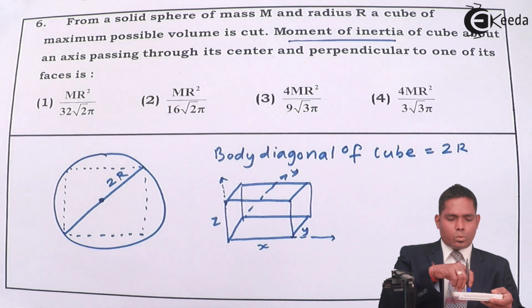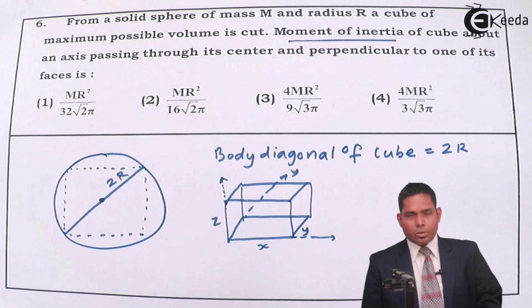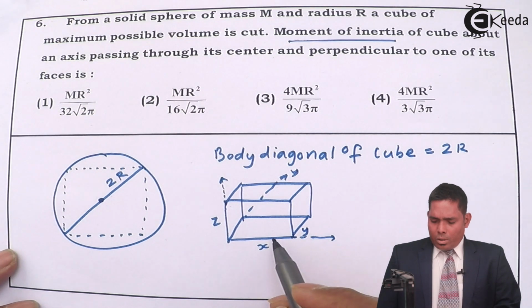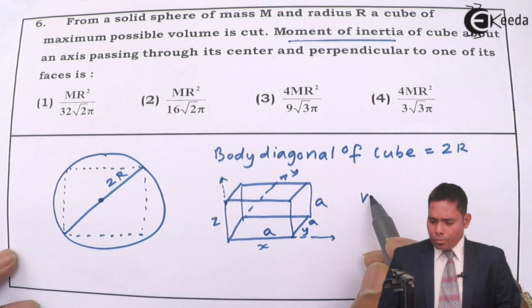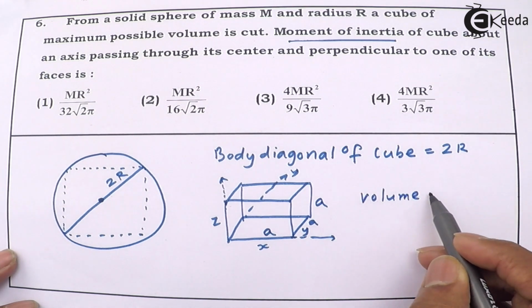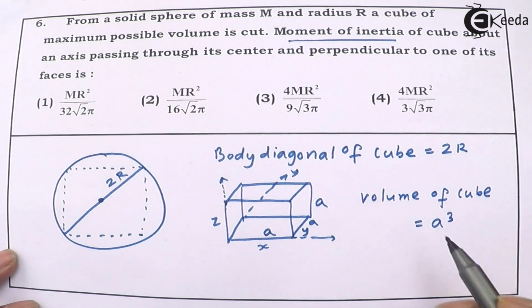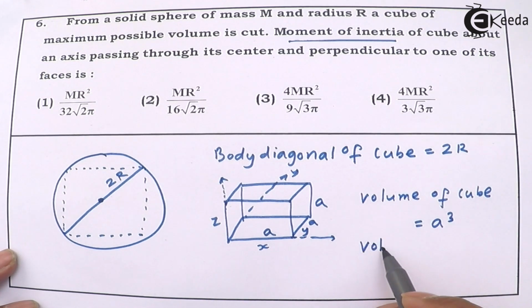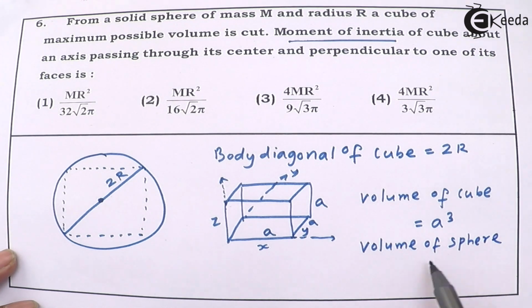So the axis goes through like this, and the cube will rotate about it. Suppose the side of the cube is a, so the volume of the cube is a cubed, and the volume of the sphere is 4 by 3 pi r cubed.